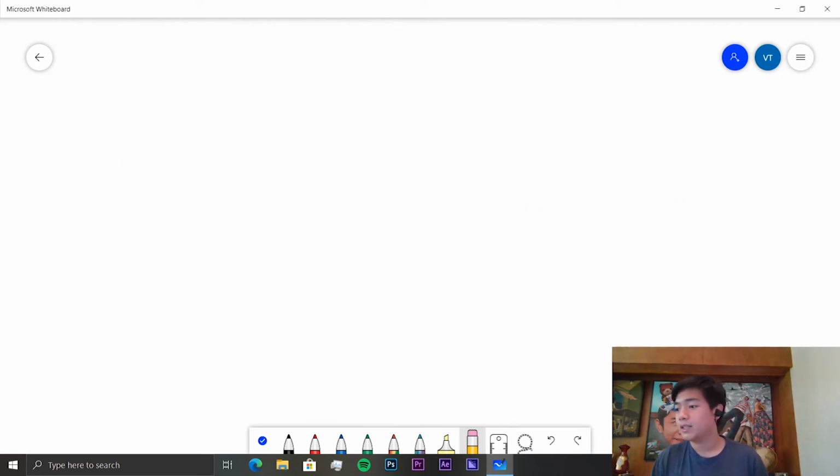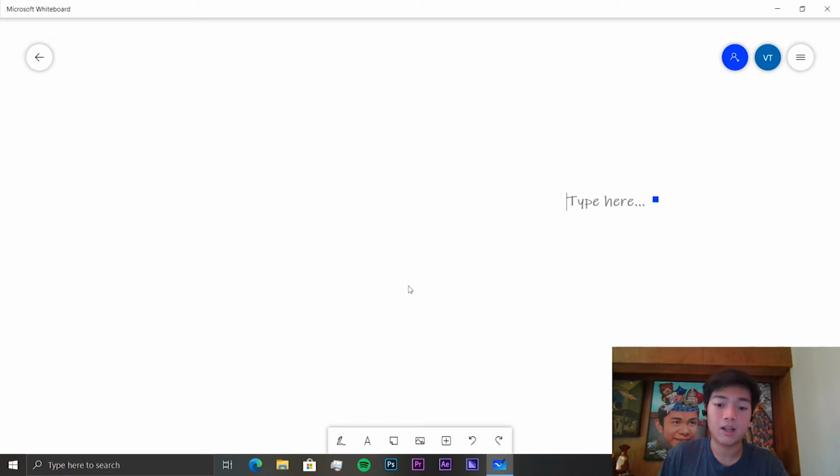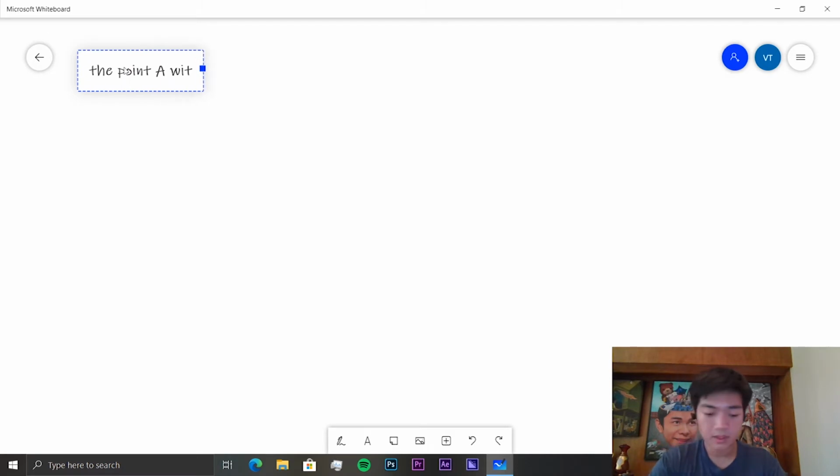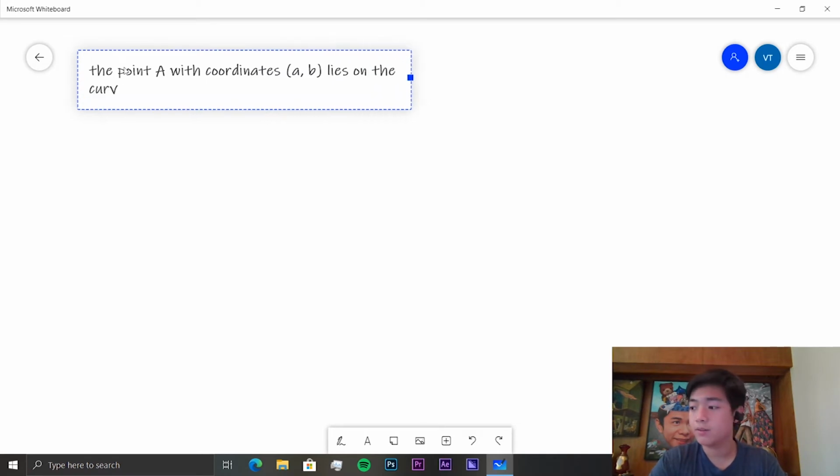So now on to the next question, and the next question is long. No, it's not long. The point A with coordinates a, b lies on the curve square root x plus square root y is equal to square root p, where p is greater than 0.